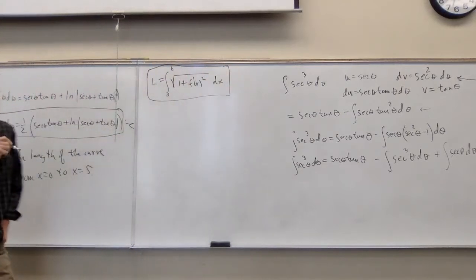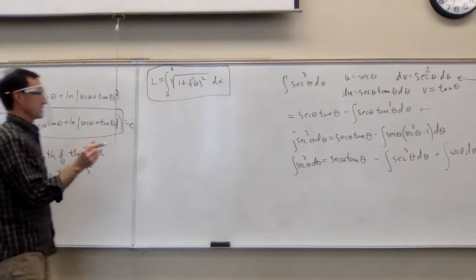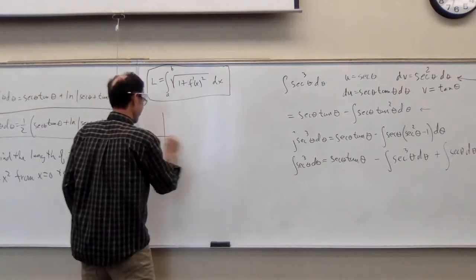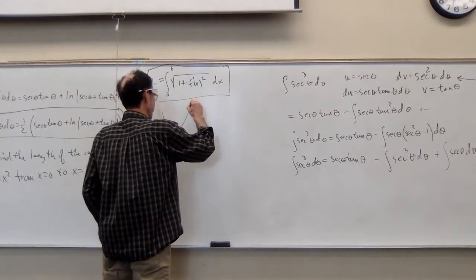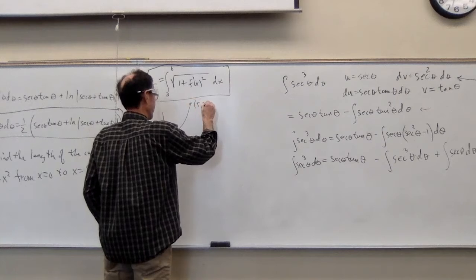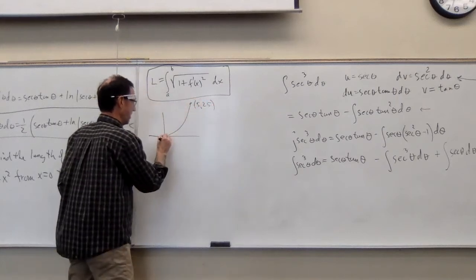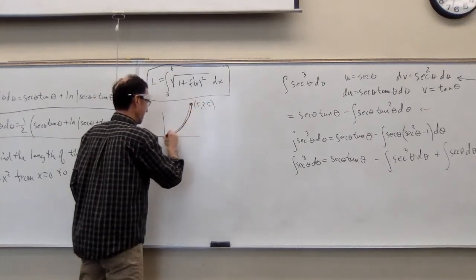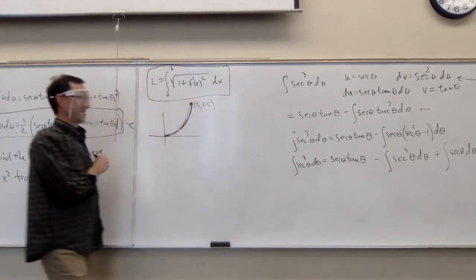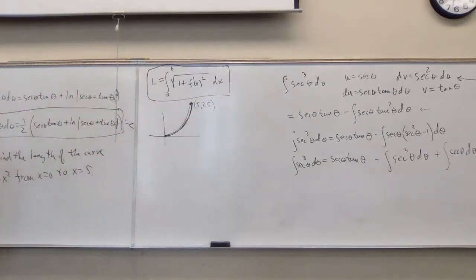Remember? This function is a parabola. Opens up, and we're going out here to the point 5, 25. You want to know how long is the curve? It's a little bit longer than 25, right?